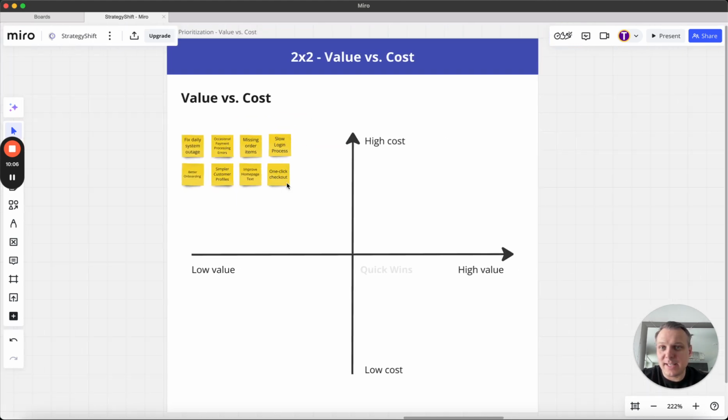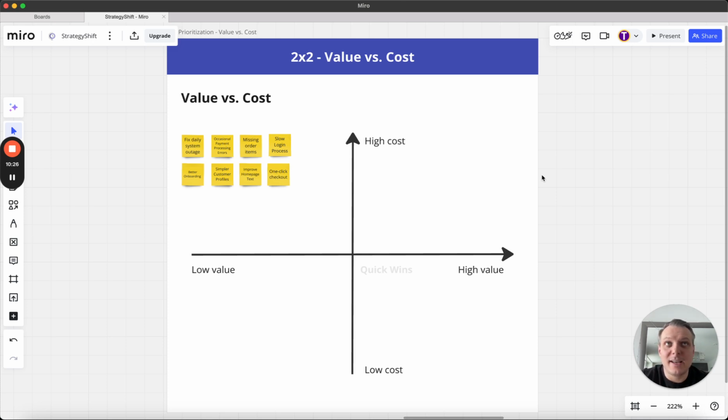The next one is value versus cost, and I've used this framework for solution prioritization. A lot of the time you will have problems, and then you come up with solutions on how to fix them, and how do you decide which solution to choose?